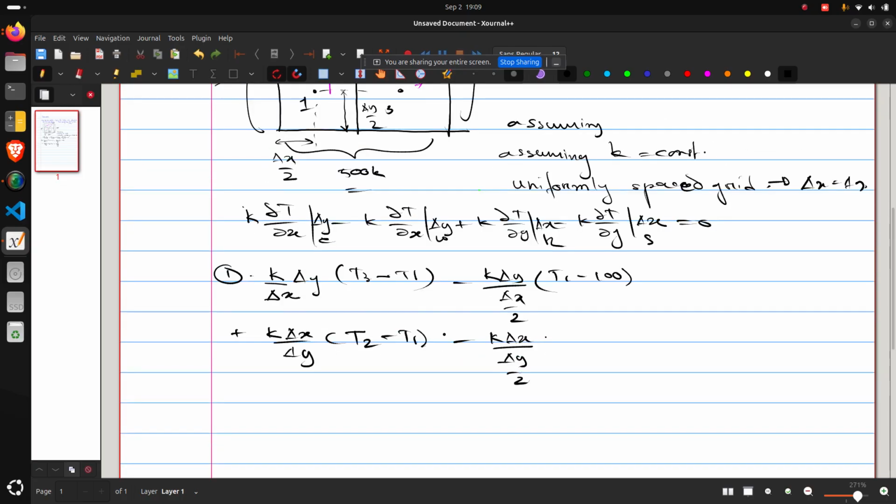So this will be T1 minus 500 equal to 0.